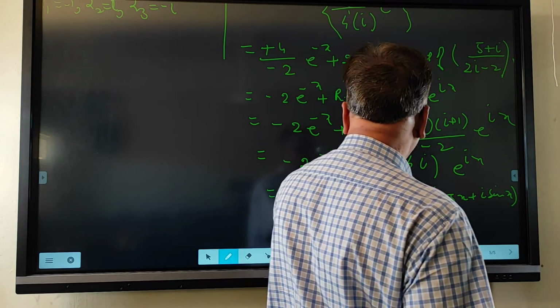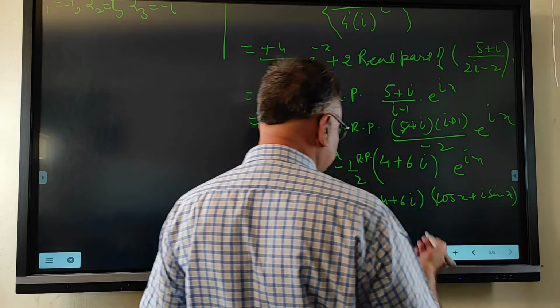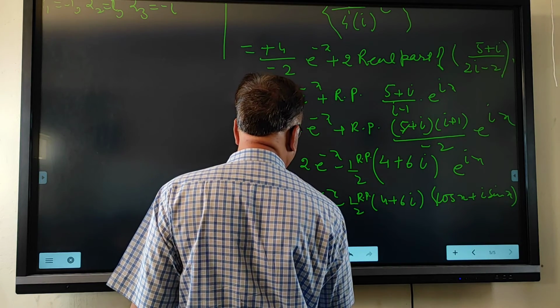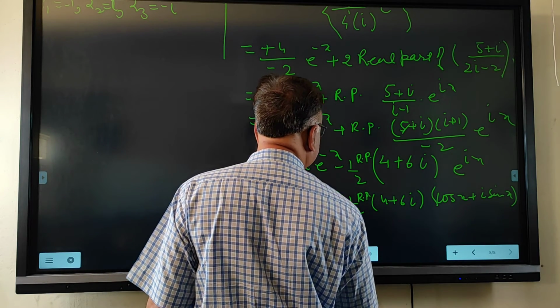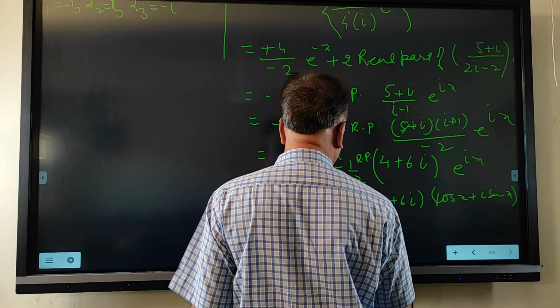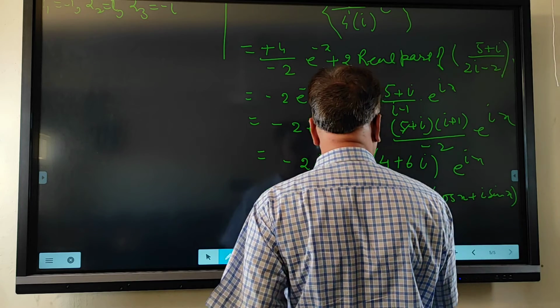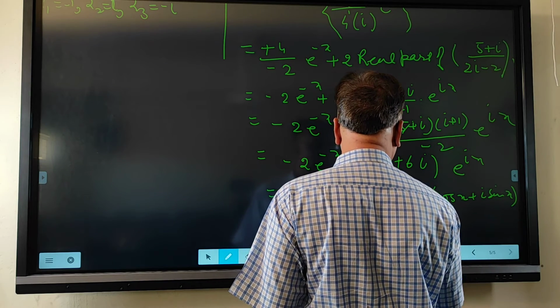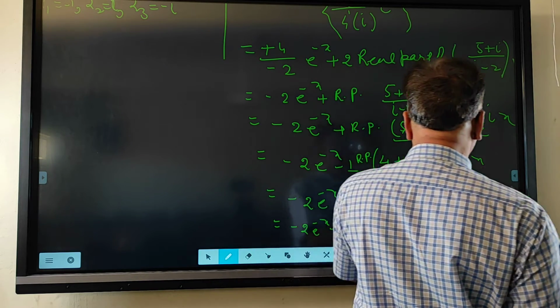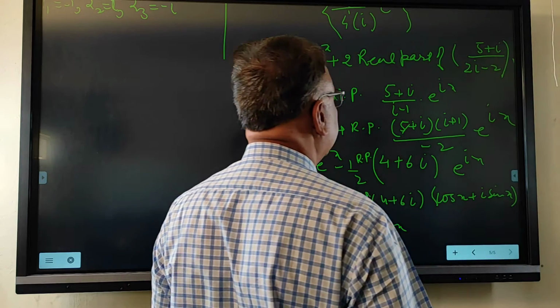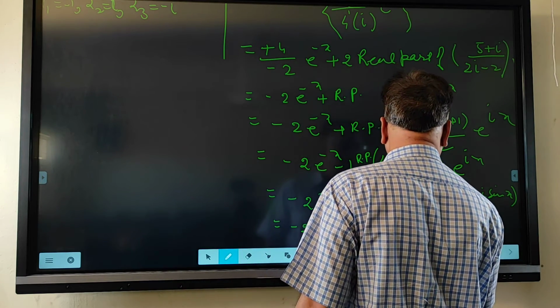By multiplying this by this and taking the real part, we get the required result: 2e^(−x) minus 1/2. The real part is 4 multiplied by cos x, that is 4 cos x, and 6i multiplied by i sin x, that is −6 sin x.